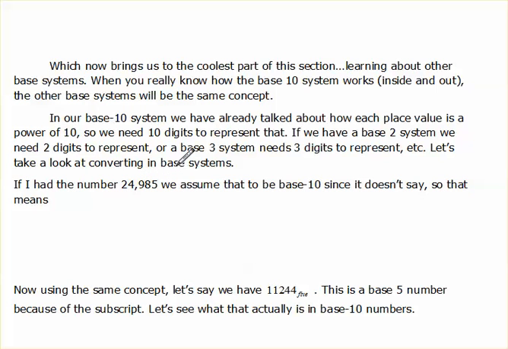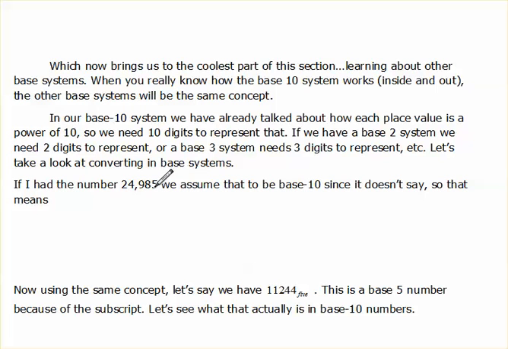Notice I didn't say the word and, because that's not a decimal. We assume that to be a base 10 because it doesn't have anything below it. If you have a different base system, you have to identify it like this. So, we just assume that all numbers are base 10 because that's what we use all the time. But let's look at what that means in reality.